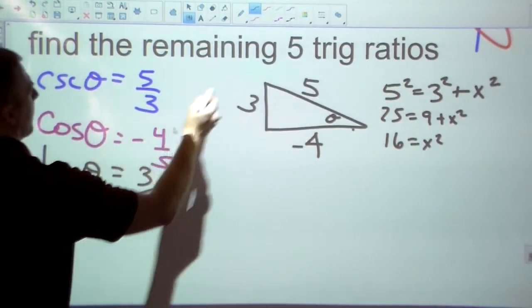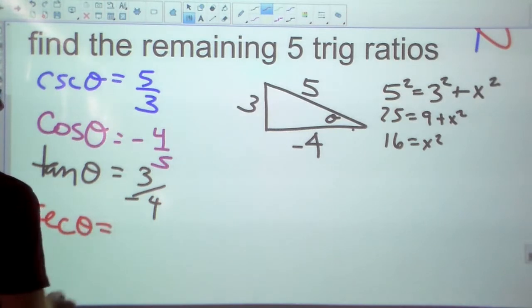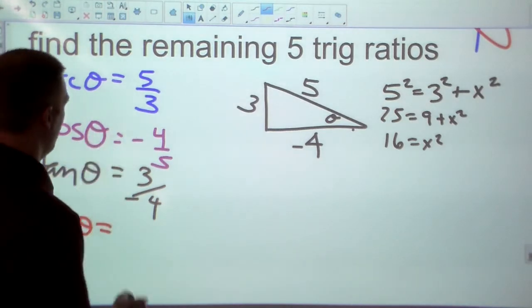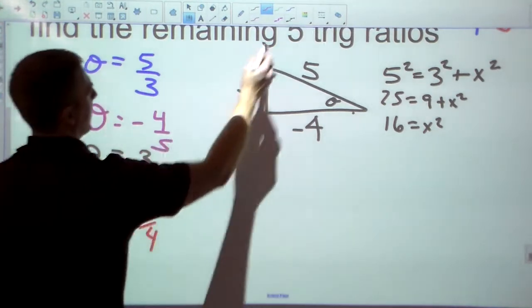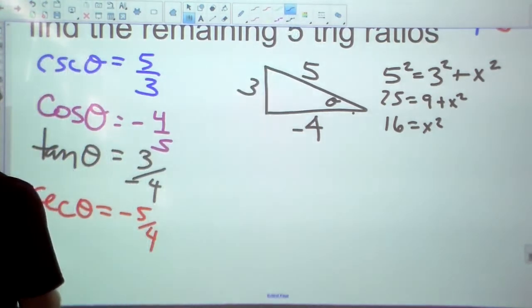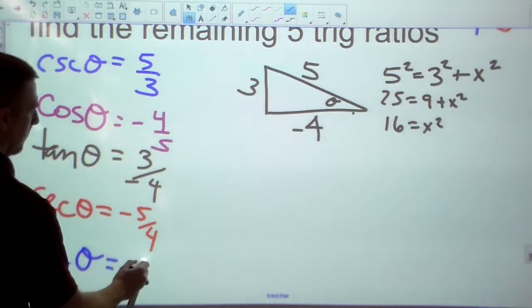I found cosecant already, so let's find secant. Secant's going to be the opposite of cosine, so negative 5/4. And finally, cotangent, which is going to be the opposite of tangent, so negative 4/3.